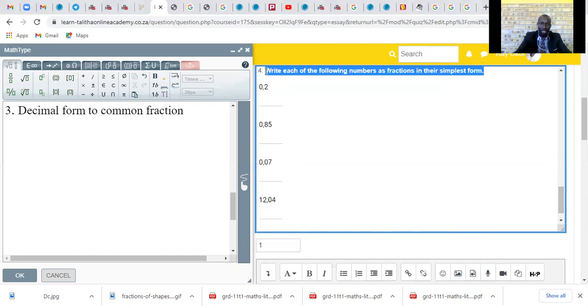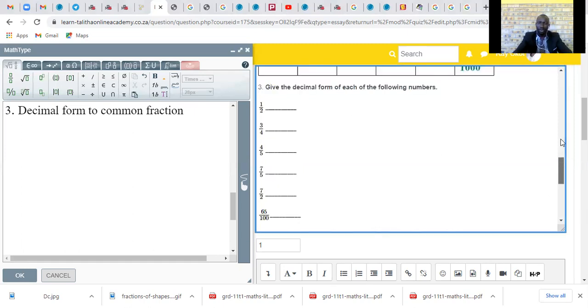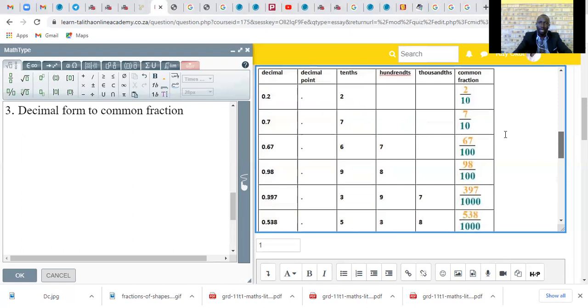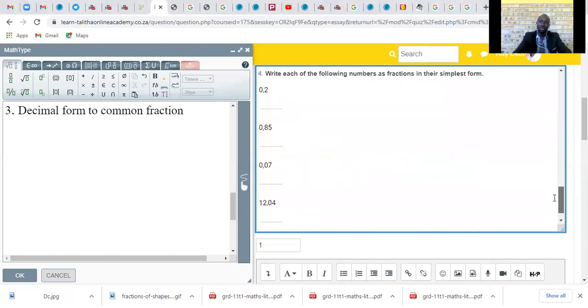Why is it so? It's because question 4 is exactly what we have been discussing in our previous question. Rather, question 4 is what was illustrated in our table. Notice in the table, we were talking about moving numbers from decimals to a common fraction. And that is what question 4 is all about. Question 3 is the exact opposite of question 4.